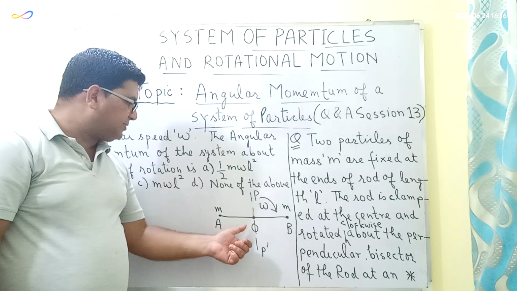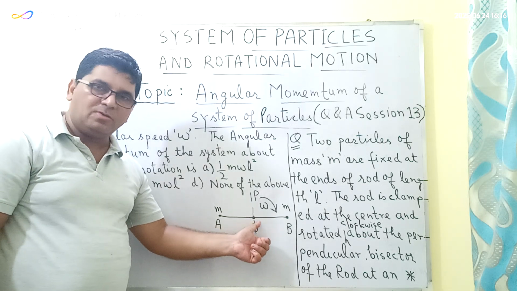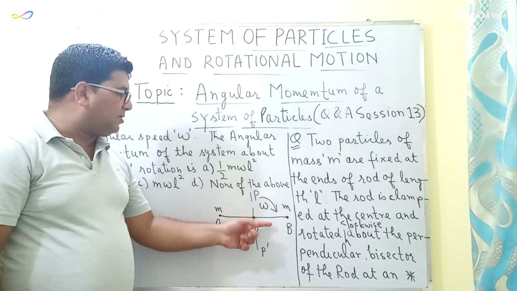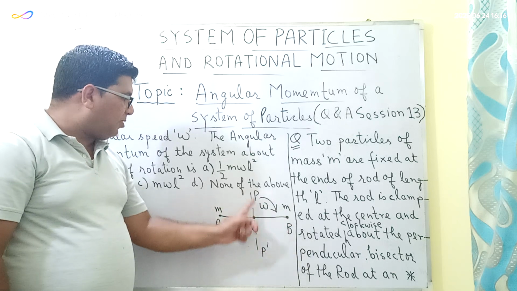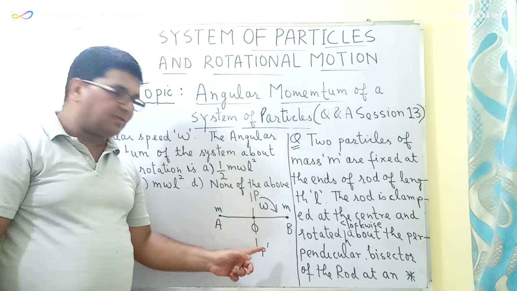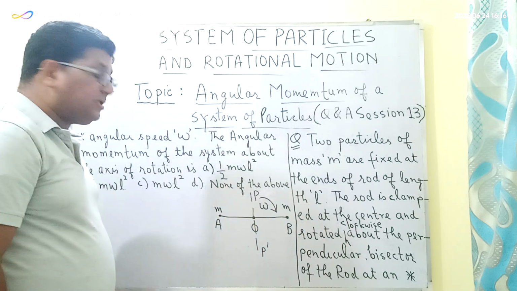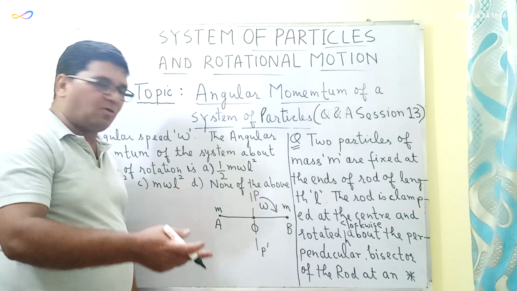Now this rod is rotating clockwise about this point O, about this perpendicular bisector. Since the rod is rotating clockwise, the orientation of the angular momentum will also be clockwise.